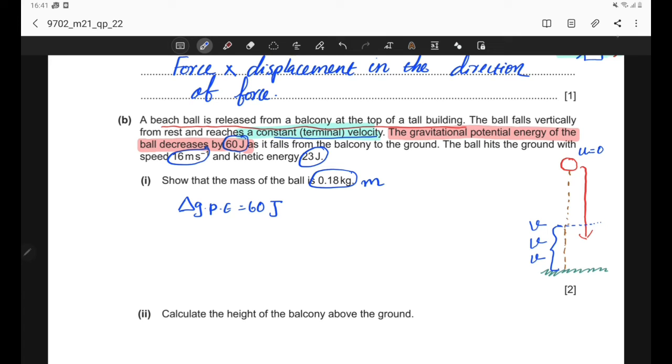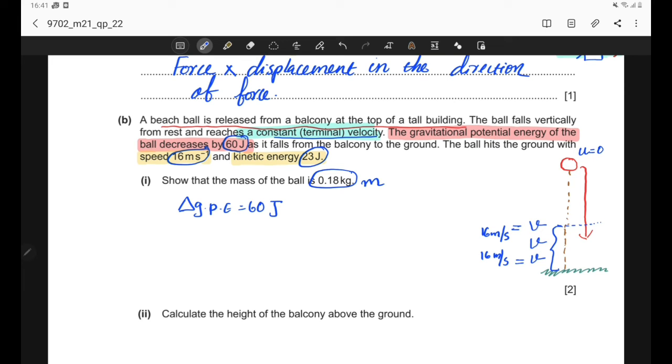When the ball hits the ground, it has a speed of 16 meter per second and kinetic energy is 23 joule. So we have the final velocity, the same as terminal velocity, which is 16 meter per second, and that will be the same even at the end, while it touches the ground.